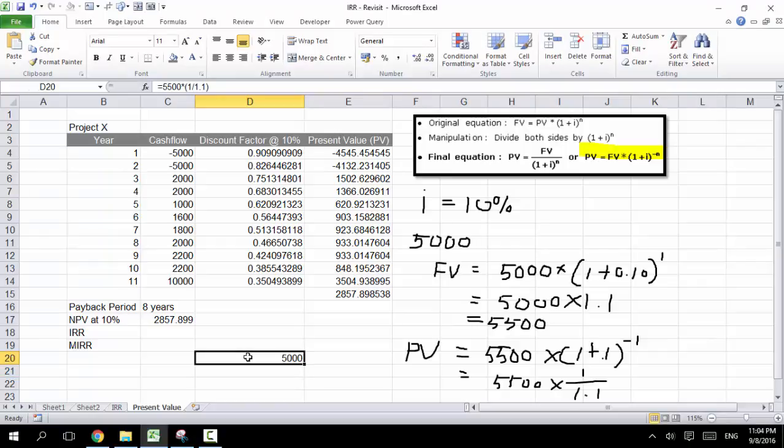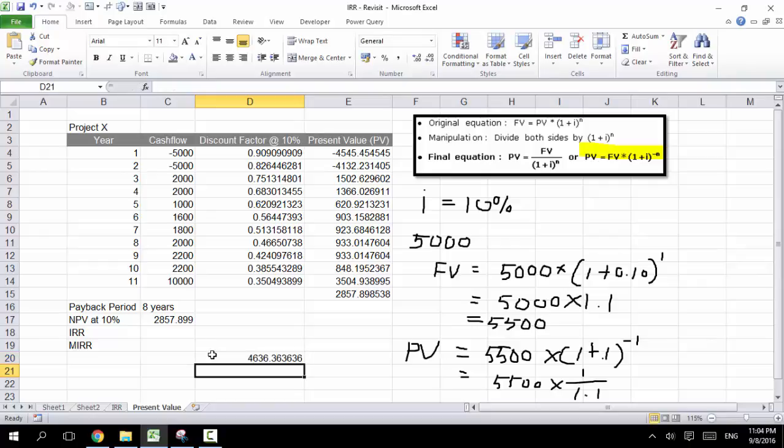So if somebody gives you 5,500 in 1 year's time... Okay, today you loan them 5,000, and then in 1 year's time he gives you back 5,100.